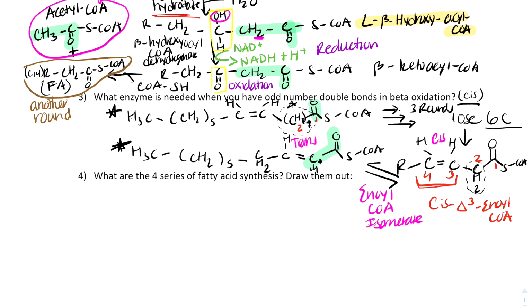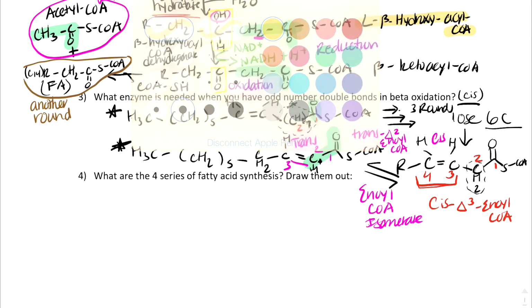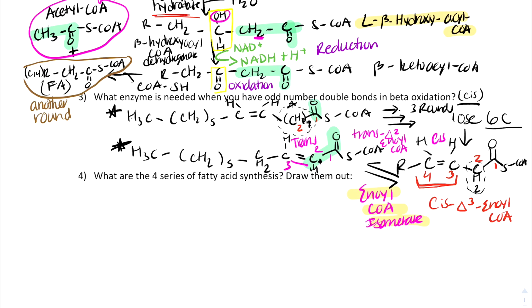So we have 1, 2, 3. That trans form is at the 2nd carbon. So now this is called trans delta 2 enyl CoA. So make sure you remember this enzyme because it's very important for beta oxidation to proceed.